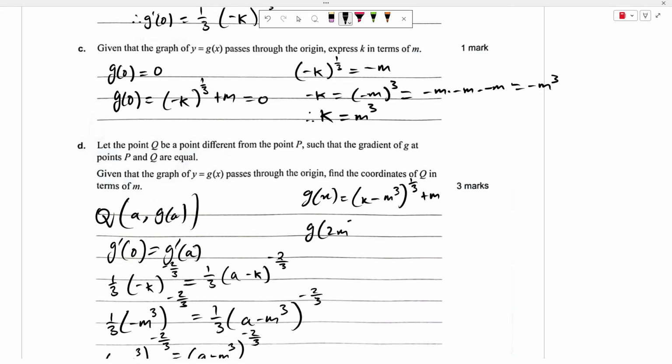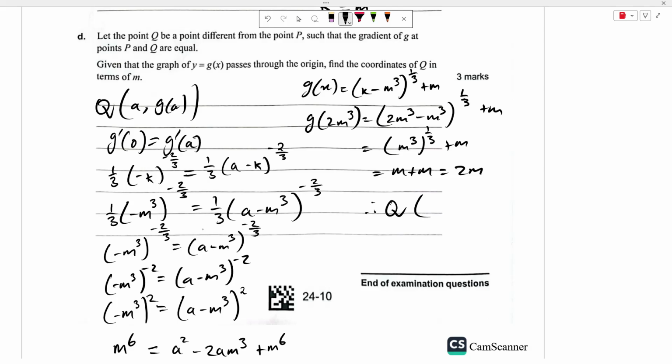So g of 2m cubed is going to be 2m cubed minus m cubed to the power of a third plus m. That's just m cubed to the power of a third plus m. Now m cubed to the power of a third, that's just m, so you get 2m.